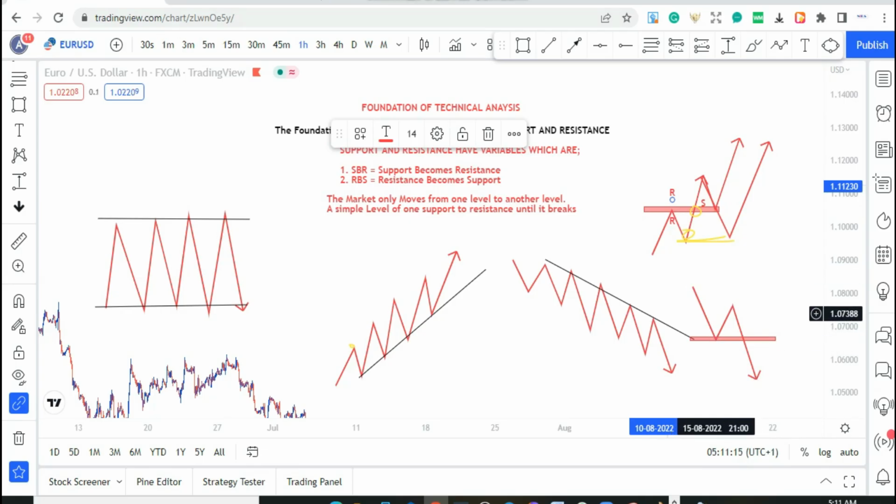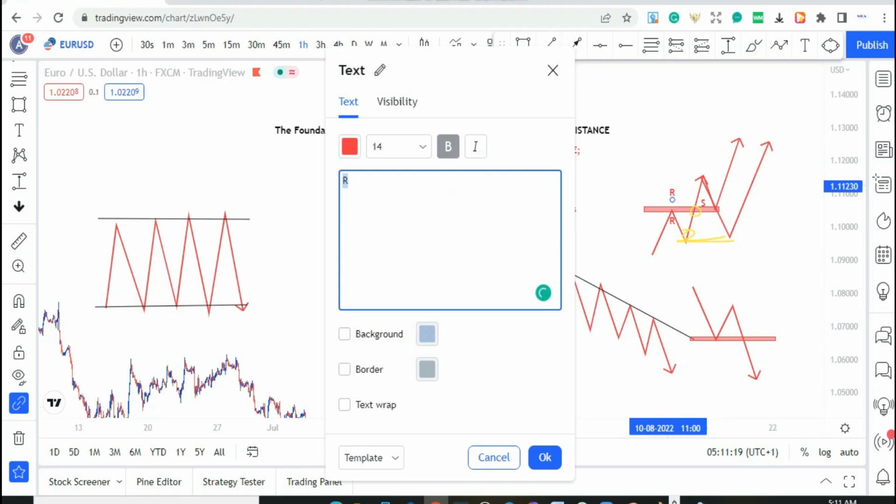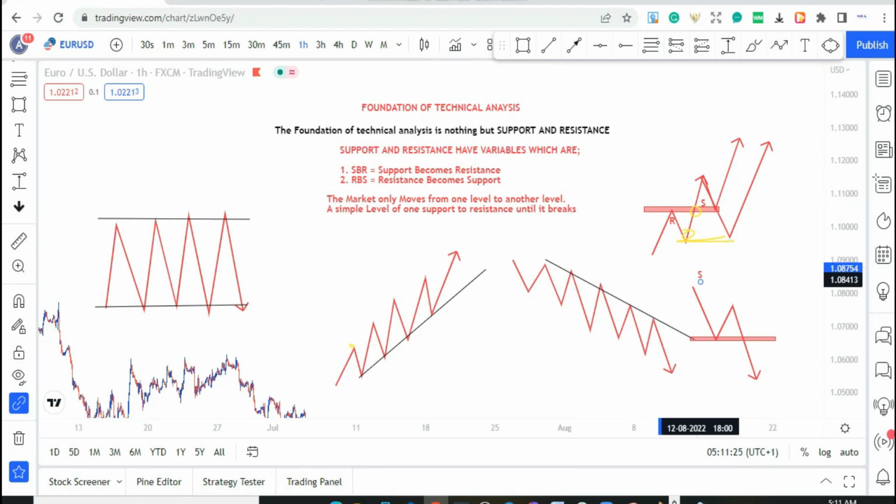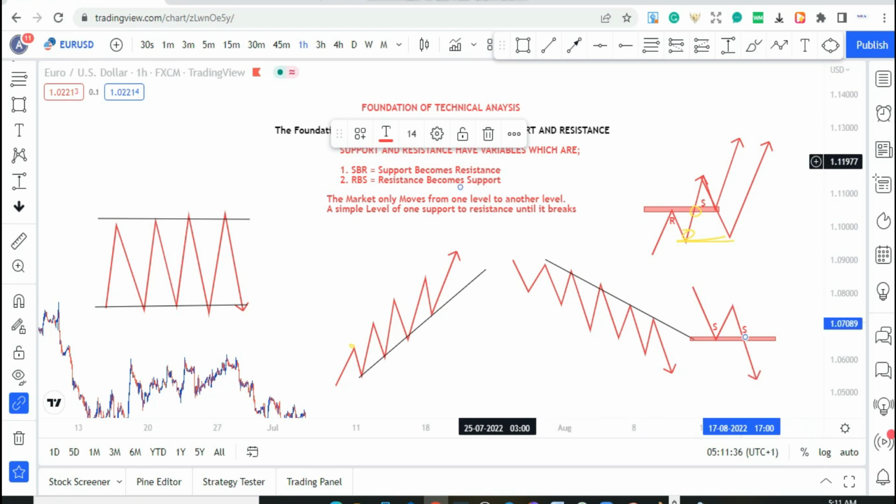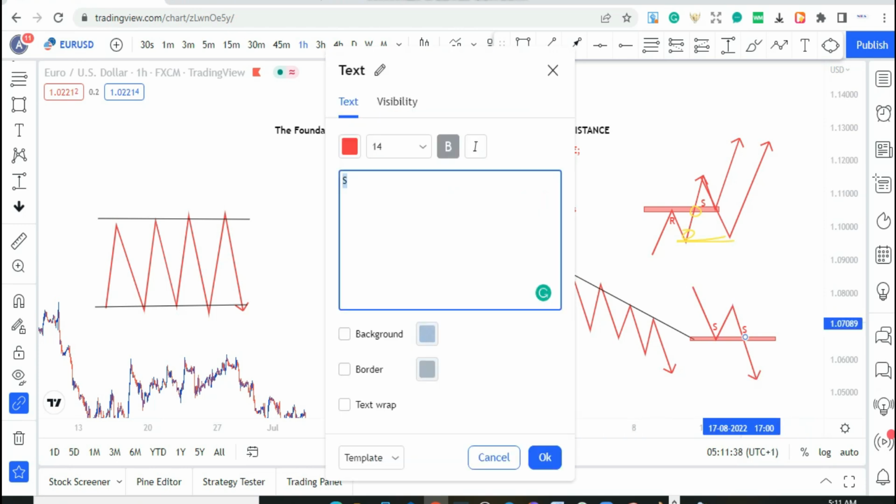This is a former support, right? And turning resistance. It's very simple.